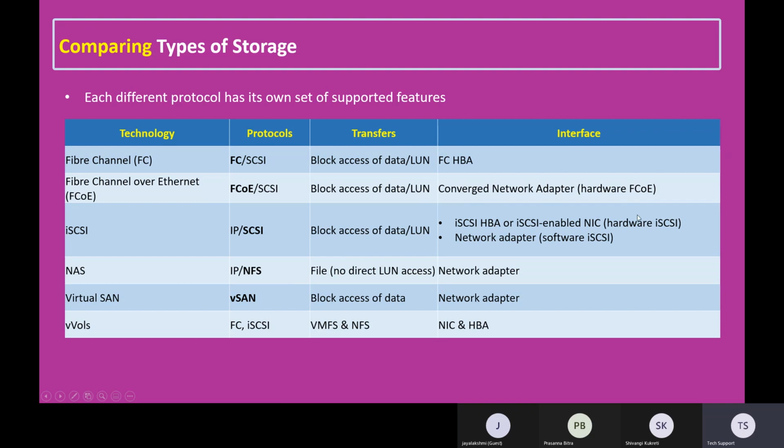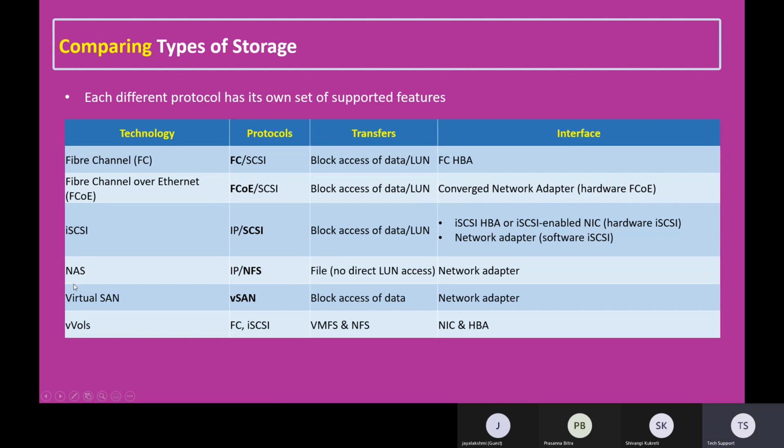Some hardware NICs also come with the iSCSI feature. Either you can use an iSCSI-enabled NIC, or a separate iSCSI HBA hardware card. If you don't have a hardware card, there is a facility to configure software iSCSI. When you enable the software iSCSI feature, our network card also acts as an iSCSI adapter card. So any method we can use.